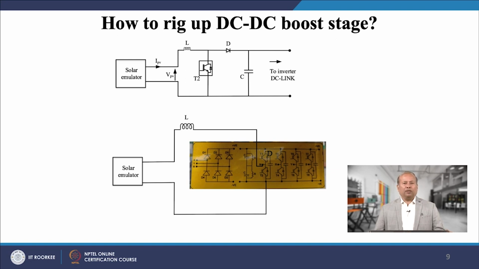The body diode of IGBT T1 can be used as the diode for the freewheeling action when T2 turns off. Then the cathode of this diode is connected to the DC bus capacitors. This is how we can build the DC-DC stage as well as the DC-AC stage using a single IGBT stack.